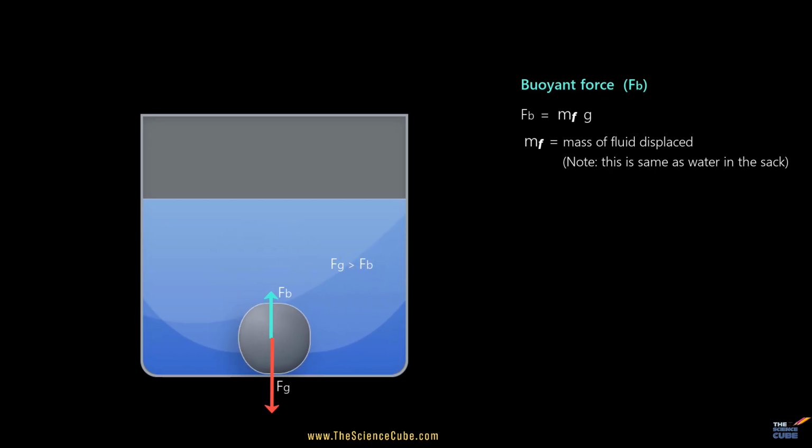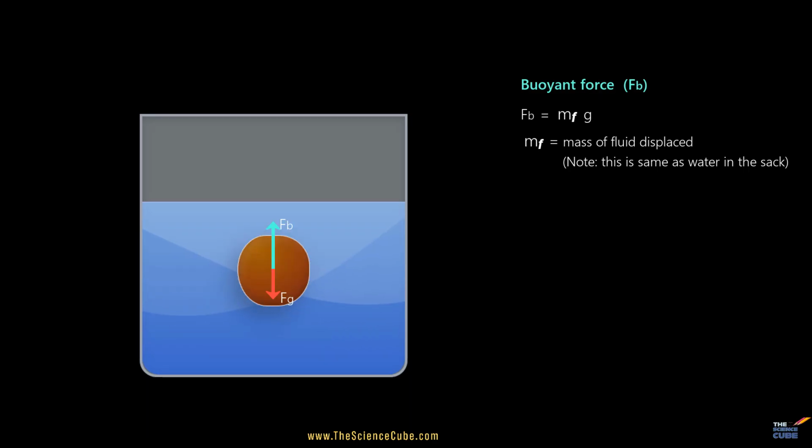Now, let's do one more variation where we replace the stone with a block of wood of the same shape. And just like before, we know that the surrounding water exerts the same buoyant force equal to this, or the weight of the water displaced by this piece of wood. But this time, we see the situation flips.